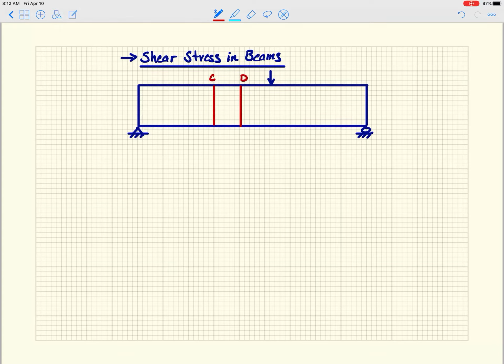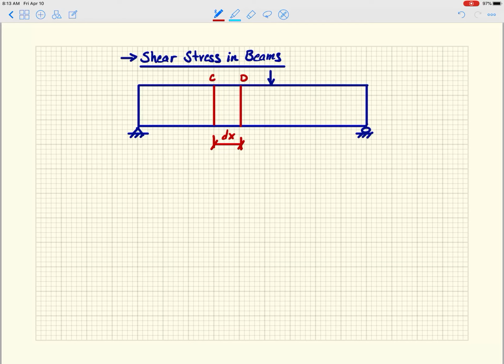This is C and this is D, and they are separated by a dx. Don't let the dx confuse you. I know it confuses a lot of students. It's just a really small dimension. C and D are right next to one another. If there's a change between them, I could just take the difference and divide it by that dx, and that gives me the rate of change.